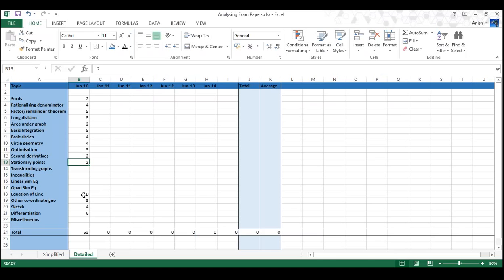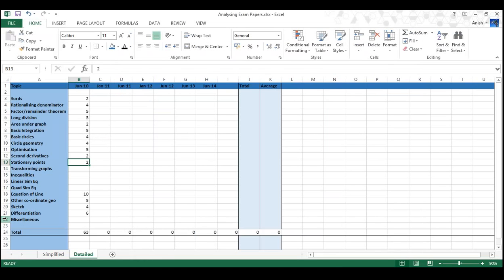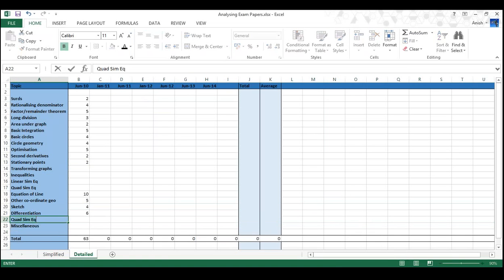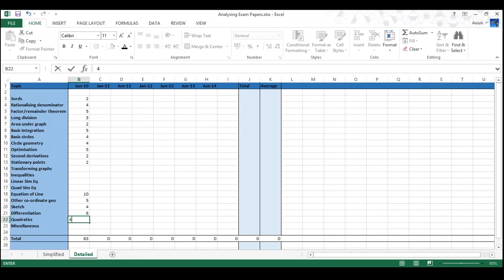No. So I'm going to call this quadratics, and we're going to call it 4 marks for quadratics.